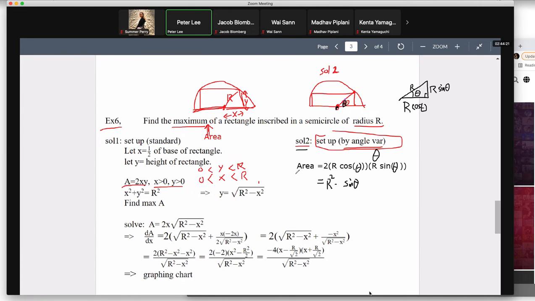If you set up this way, we don't even need calculus. Calculus is not needed here. Why? Because in this case, max area is equal to r squared, and that is the area when theta is equal to pi over 4.